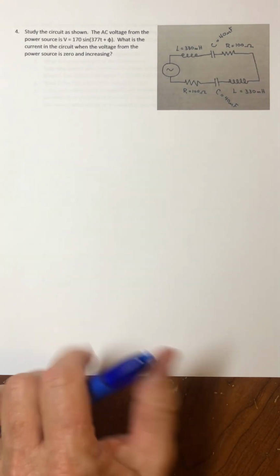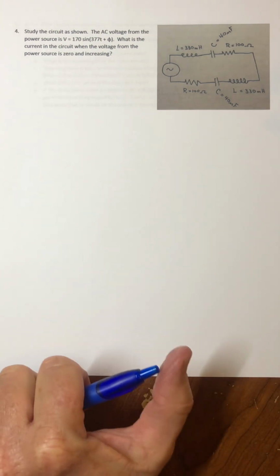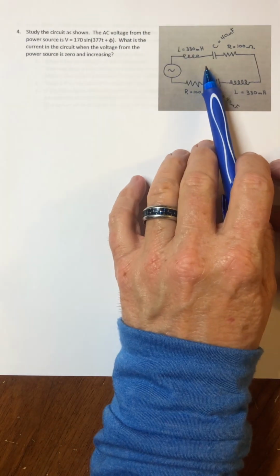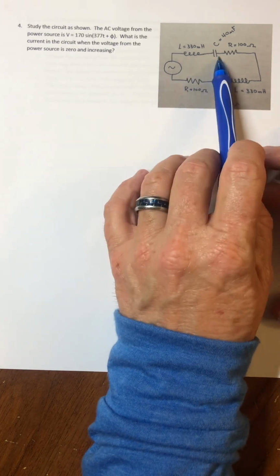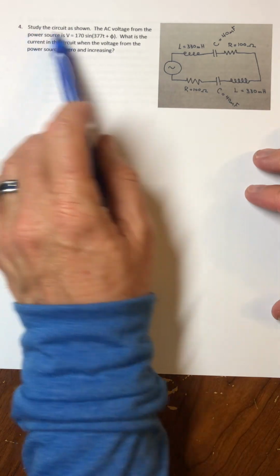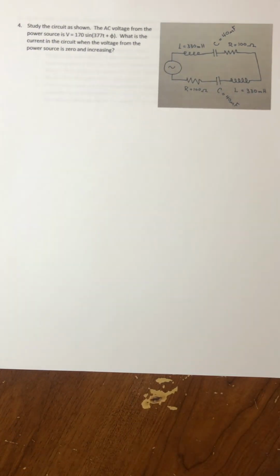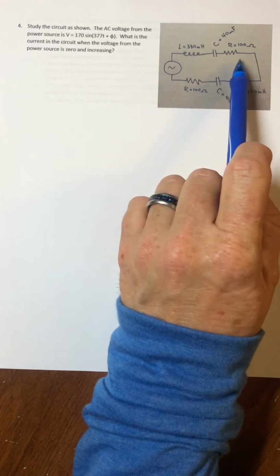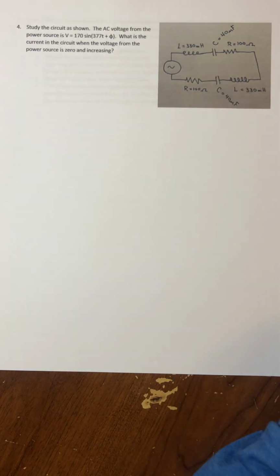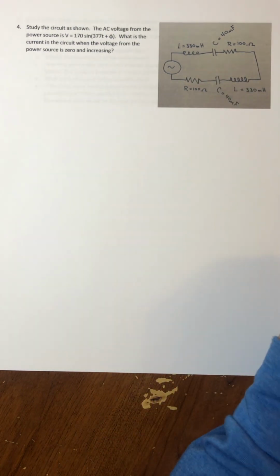And then, not a surprise, going to chapter 33, where we start working with AC circuits, and we have the combination of inductors, capacitors, and resistors together. We have this circuit. Now, this is a little harder circuit. We looked at an inductor, capacitor, and resistor together, but now we have a second inductor, a second capacitor, and a second resistor.